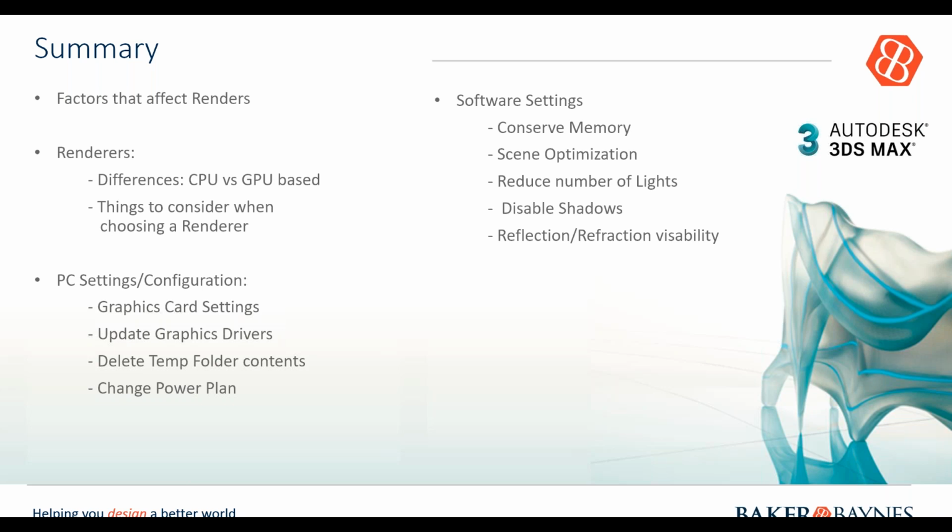One is using your onboard graphics card, and the GPU is using your installed graphics card. So you want to maybe look at those things. And we talked about other things to consider, one being the system requirements, which is also very important to check up on, for the renderer as well as the software.